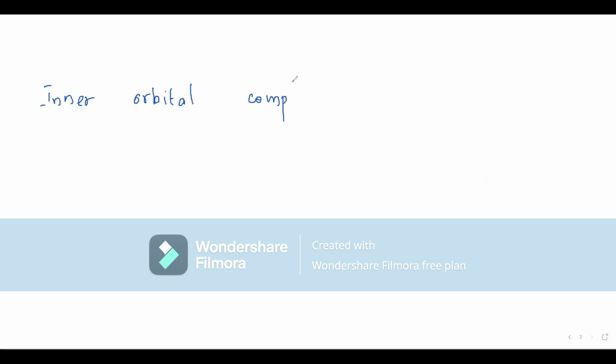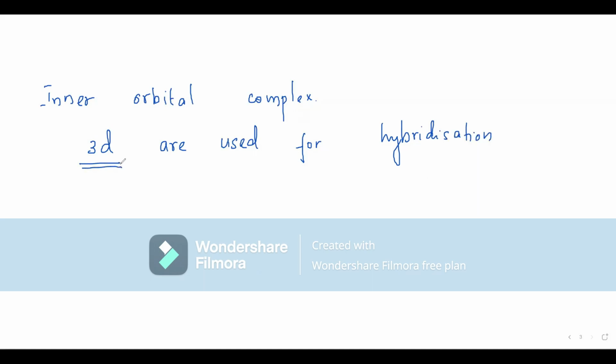Why is this an inner orbital complex? 3d orbitals are used for hybridization. I mean to say, the d orbitals that are used come before the s and the p orbitals.